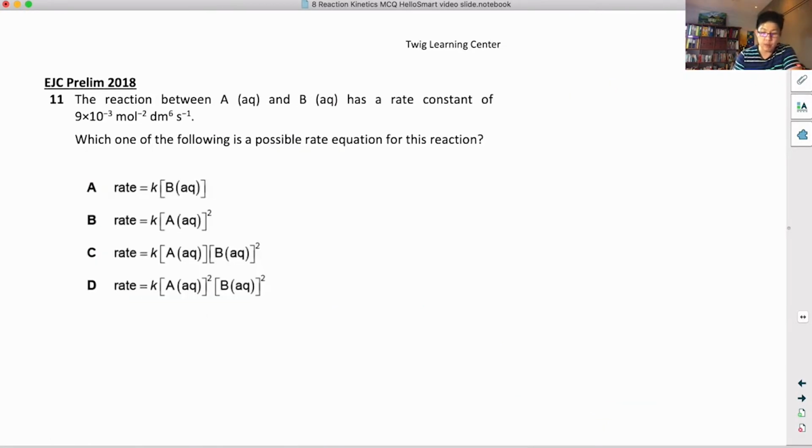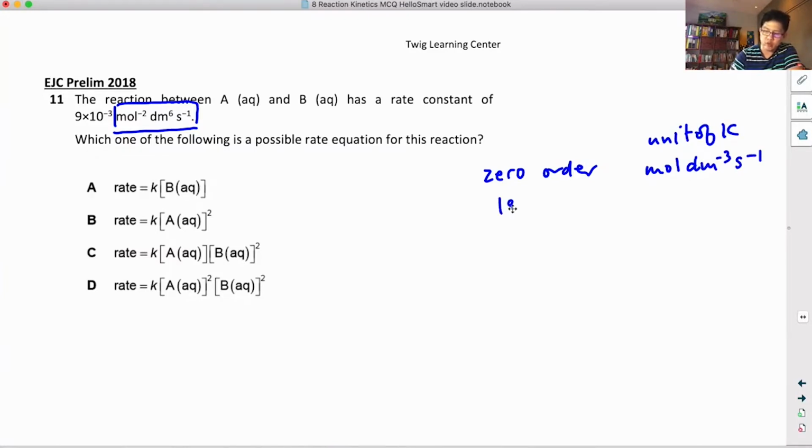Question 11. All you need to remember is to look at the unit of the rate constant. The unit of the rate constant will tell you it is actually a third order reaction. A quick summary: for a zero order reaction, the unit of K is the same as the unit for rate.